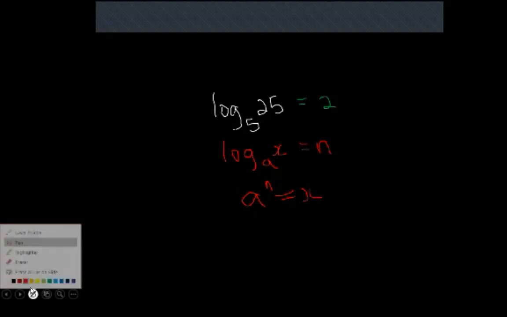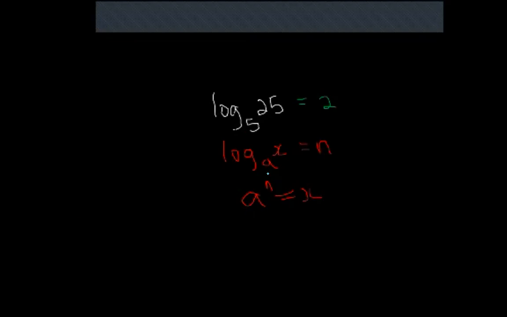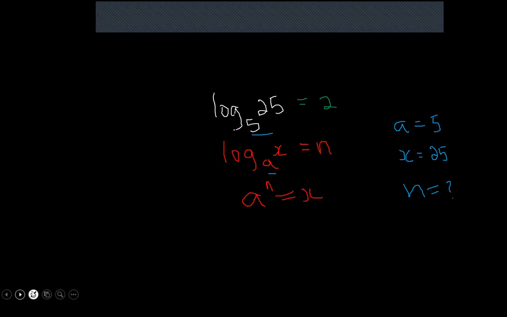In this particular example, a, which is the base, is 5. So a is equal to 5. x, which is the number, is 25. So x is equal to 25. And we're trying to find what n is. Let me just erase this so you don't get confused.